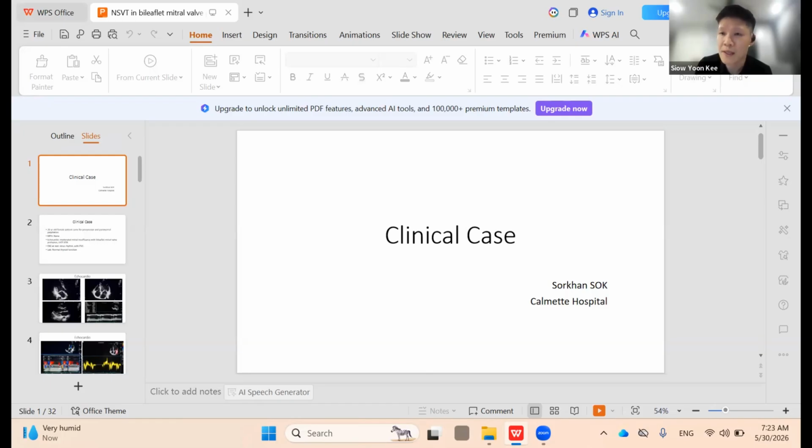From my point of view, I think it's a really great case, to start with 2D, then later on venture into 3D. I think the 3D mapping is definitely helpful, and also the contact force ablation.